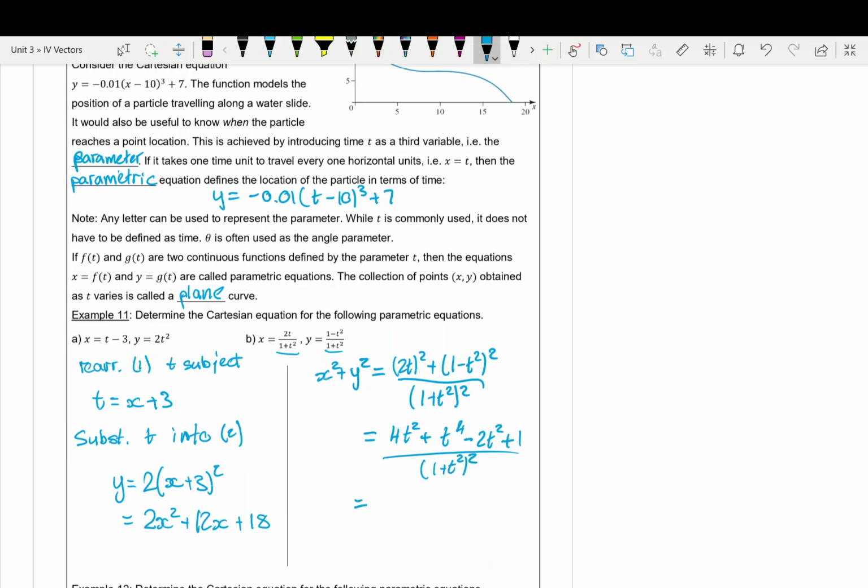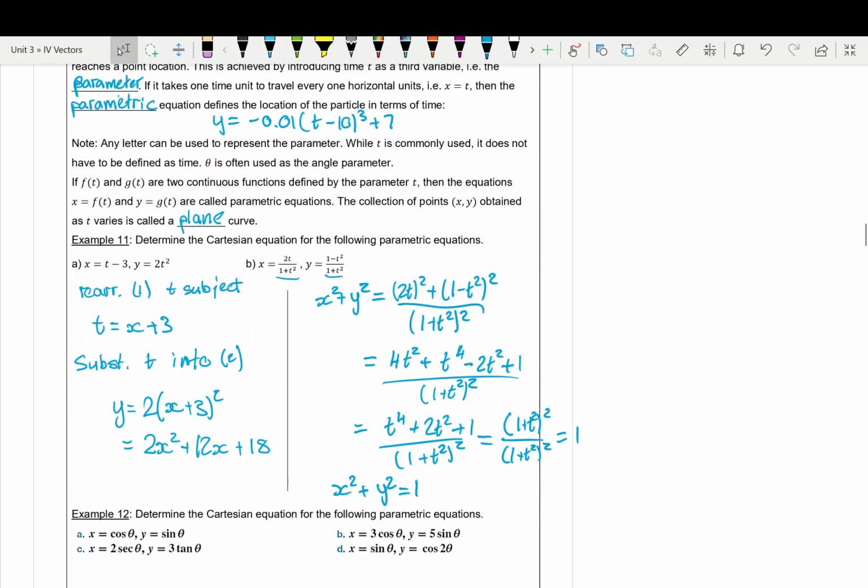When expanded and simplified, this gives us t to the 4 plus 2t squared plus 1, which we'll notice is a perfect square and not just any perfect square. It is the same as the denominator. So we get (1 plus t squared) squared over (1 plus t squared) squared, which is equal to 1. So this is a circle of center origin and radius 1.